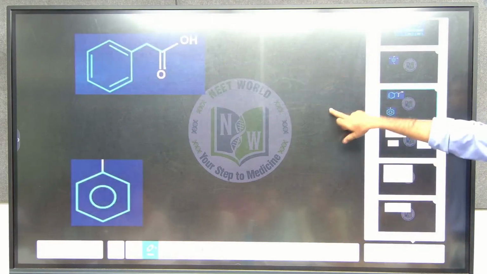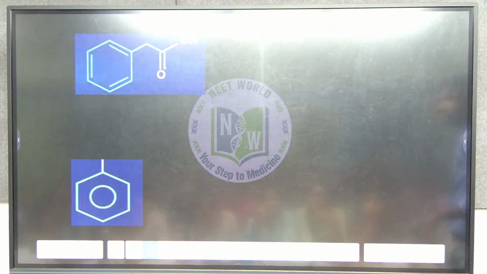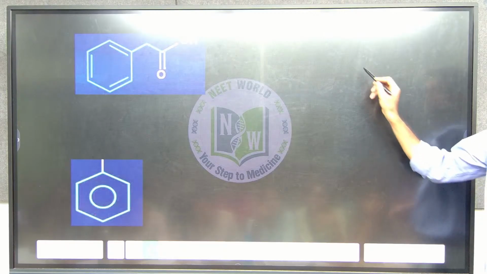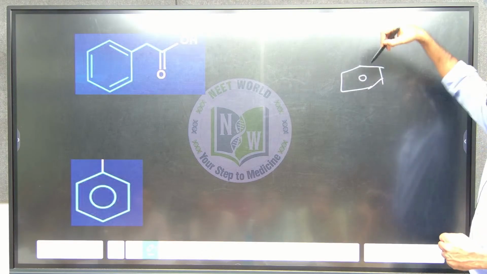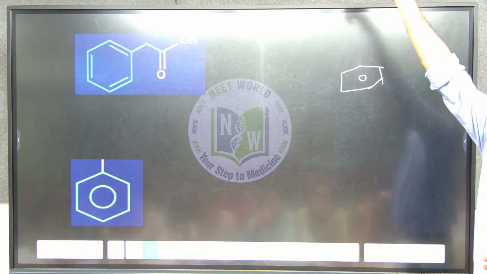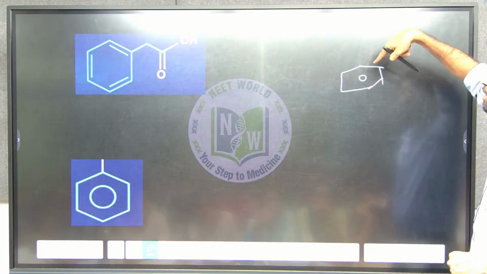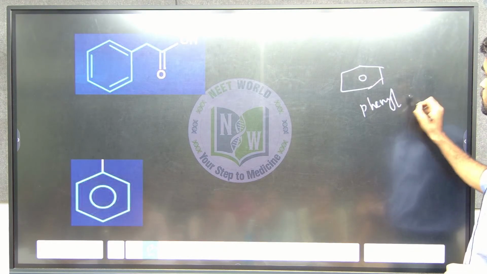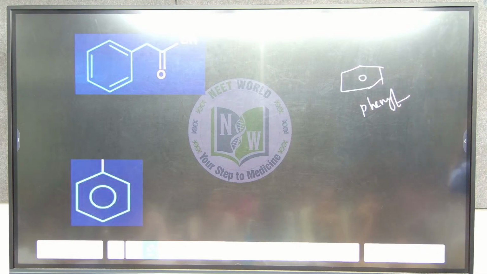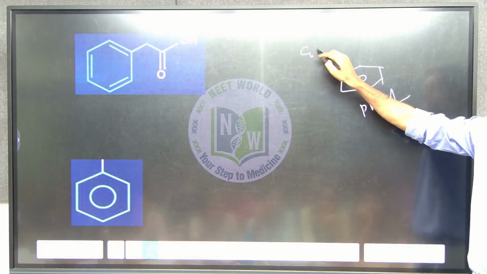What is the name of this compound? If I simply mention like this, what is it? Benzene. If benzene is attached to something, and that something is the parent chain, now this ring should be called phenyl. Benzene means C6H6.